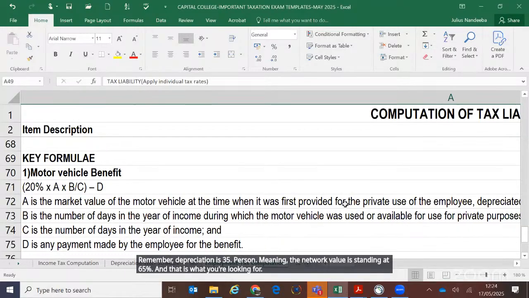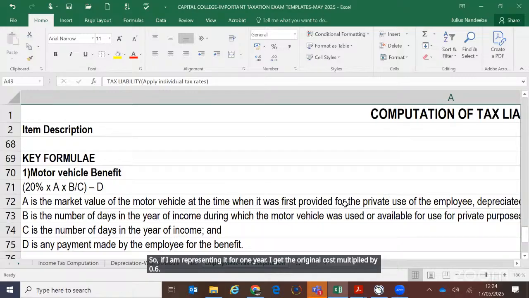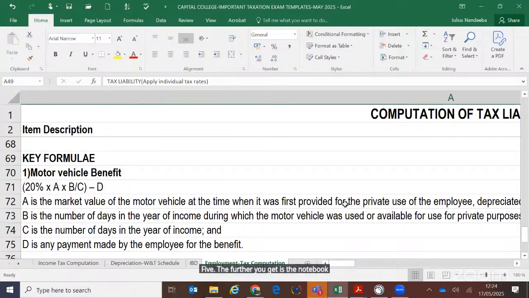So if I am depreciating it for 1 year, I get the original cost multiplied by 0.65. The figure I get is the net book value. If I am depreciating it for 2 years, I get the original cost times 0.65 times 0.65. The figure I get is the net book value.